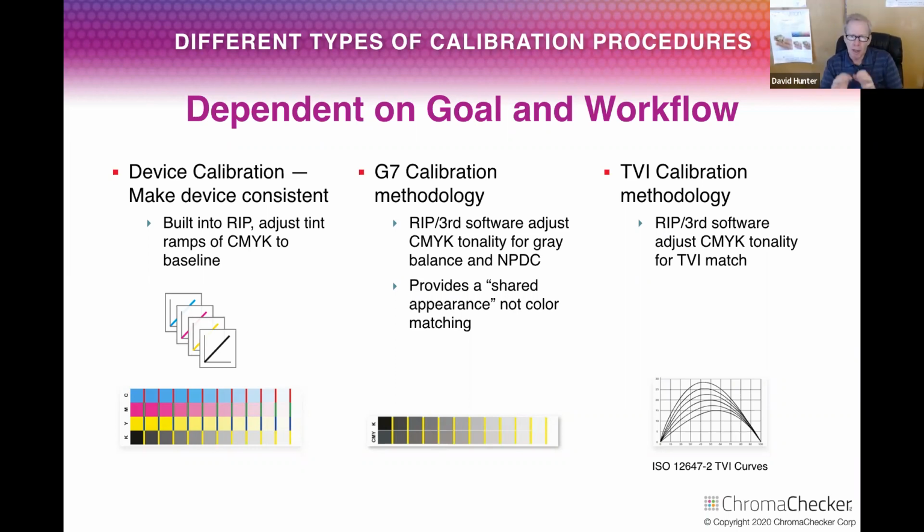Now, when we're dealing with more conventional technologies like flexographic or sheet fed offset printing, this is where a G7 calibration methodology or TVI methodology comes into play to calibrate those devices to make them consistent.